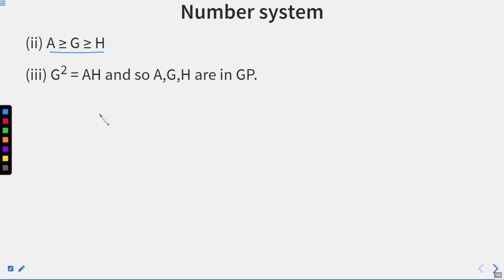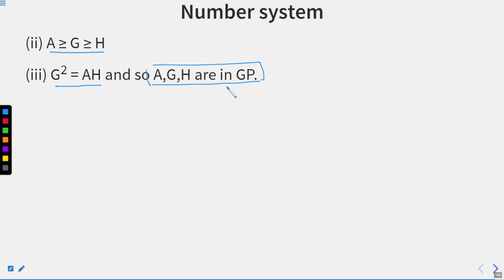Another relation is G squared equals A times H, which only holds when A, G, H are in GP.